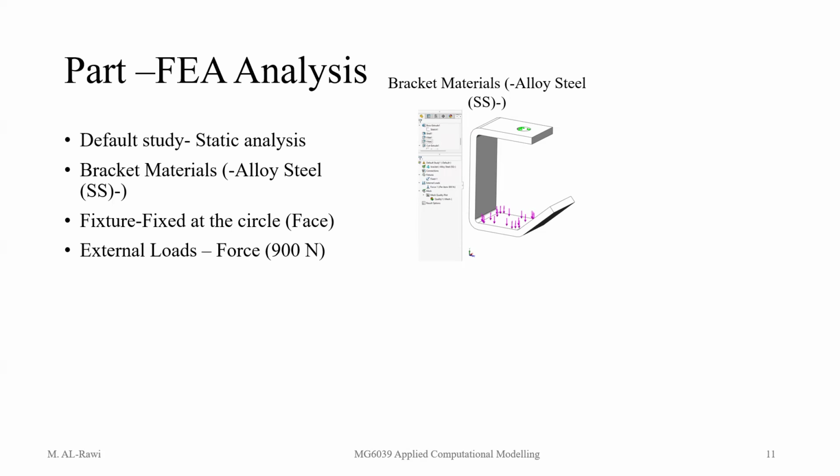The following parameters: you have the default study. Do we have the material properties? Not yet. So what is it saying for us? Bracket material, choose from alloy steel. So where is the bracket? Right click on the material bracket, the blue one, then Apply/Edit Material, and find the material alloy steel SS.